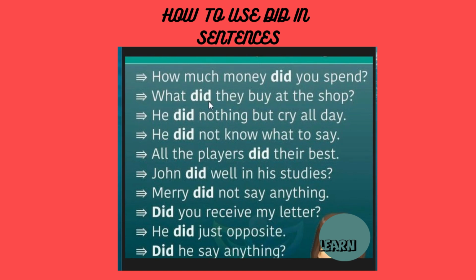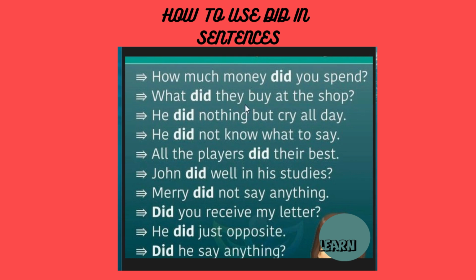And next one: what did they buy at the shop? Here, they can mean two or more than two people. For plural, we use they. When the person is singular, we say he or she.